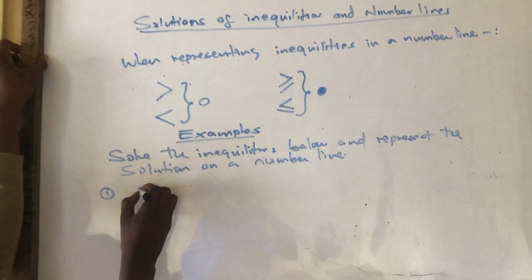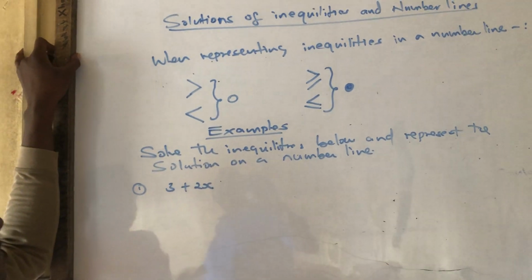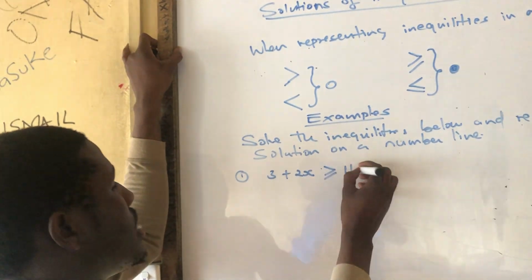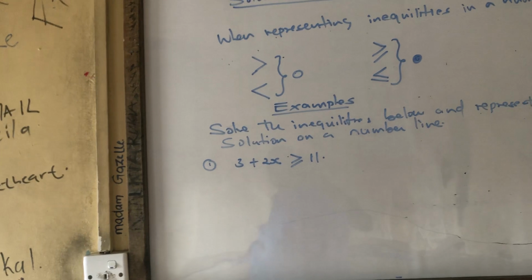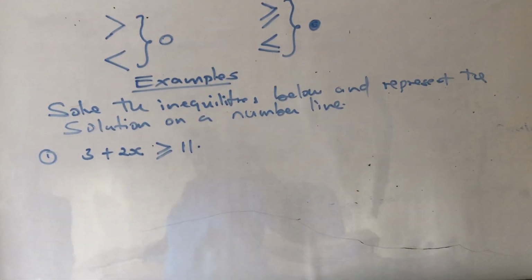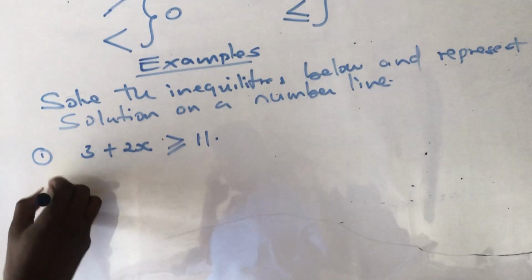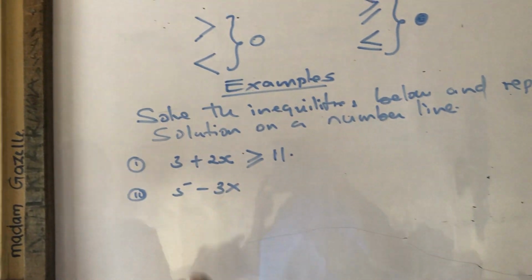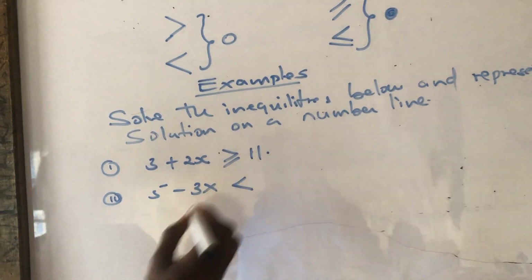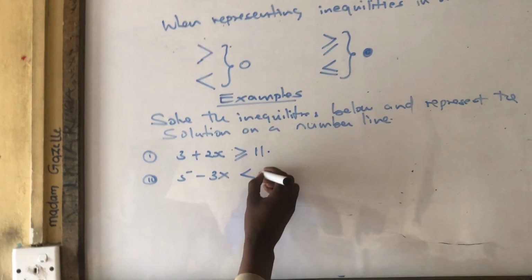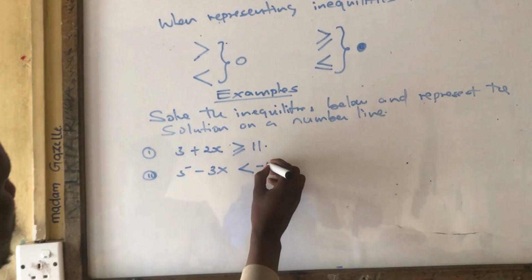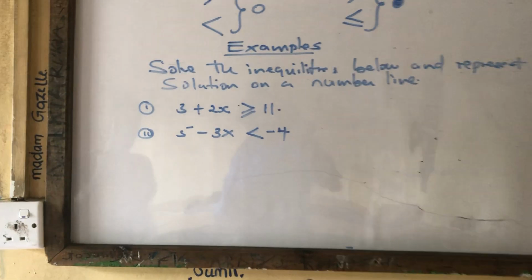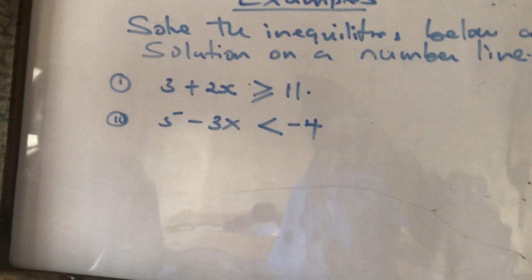3 plus 2x is greater than or equal to 11. Second: 5 minus 3x is less than negative 4.